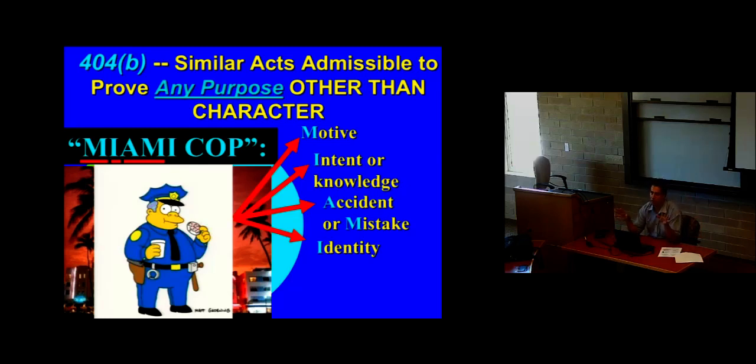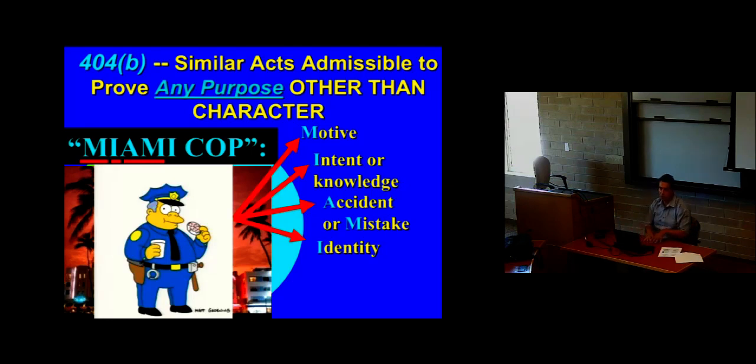That would be improper under 404, unless the defendant opened the door on his general good character, and then you could bring up bad character. But even then, it would be improper because that would be a specific instance of conduct, so you couldn't use it. However, the prosecution could say, no, I'm using it for a non-propensity purpose.